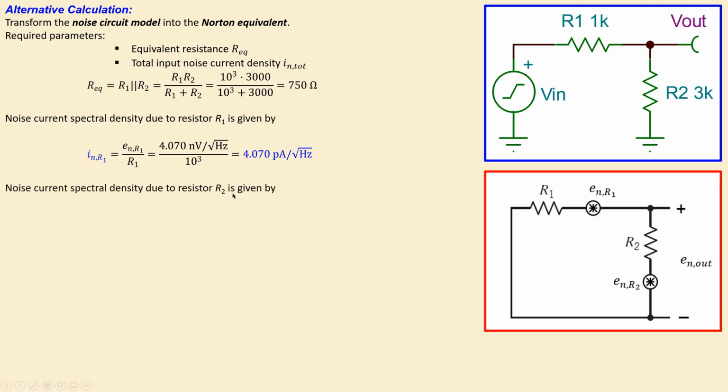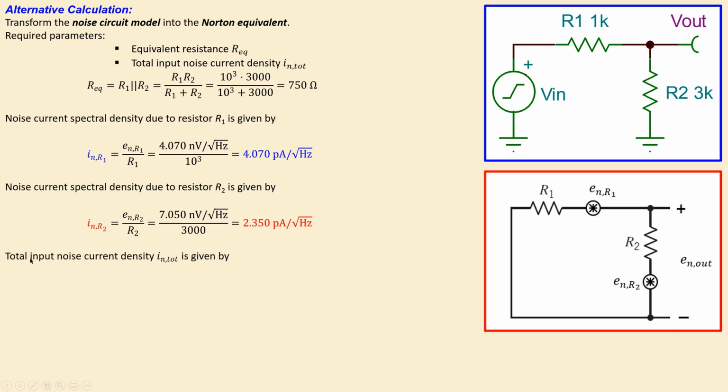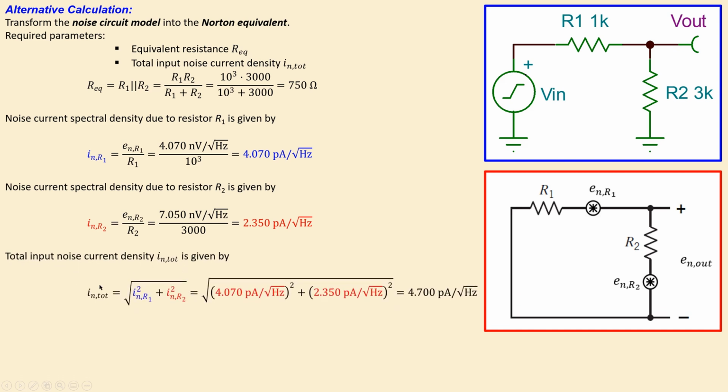And in a similar form you can do it also for R2, and that's then given by this. Again, you divide by the associated resistor. So this is then the noise current spectral density due to R2. This is noise current spectral density for R1 and this for R2. Now we will combine these to get the total input noise current density. This is then given by this formula.